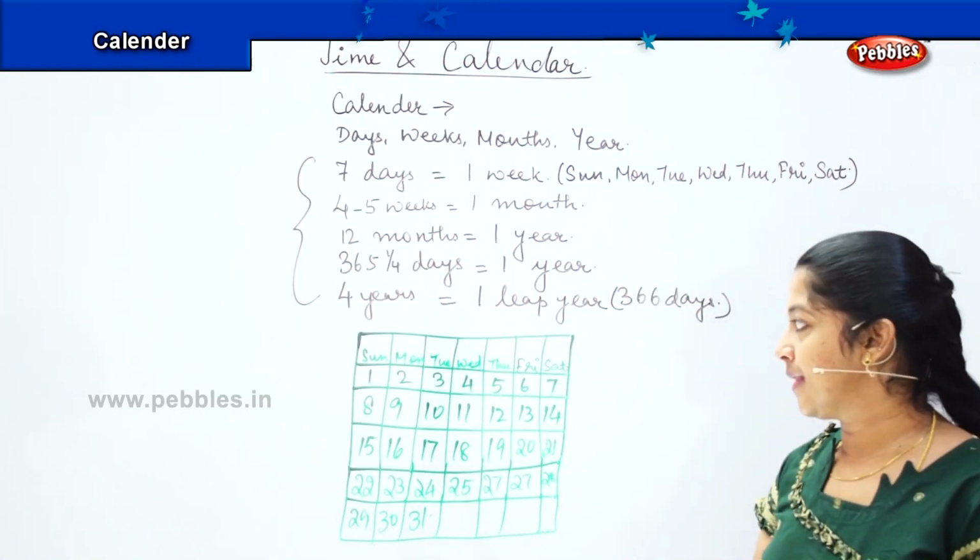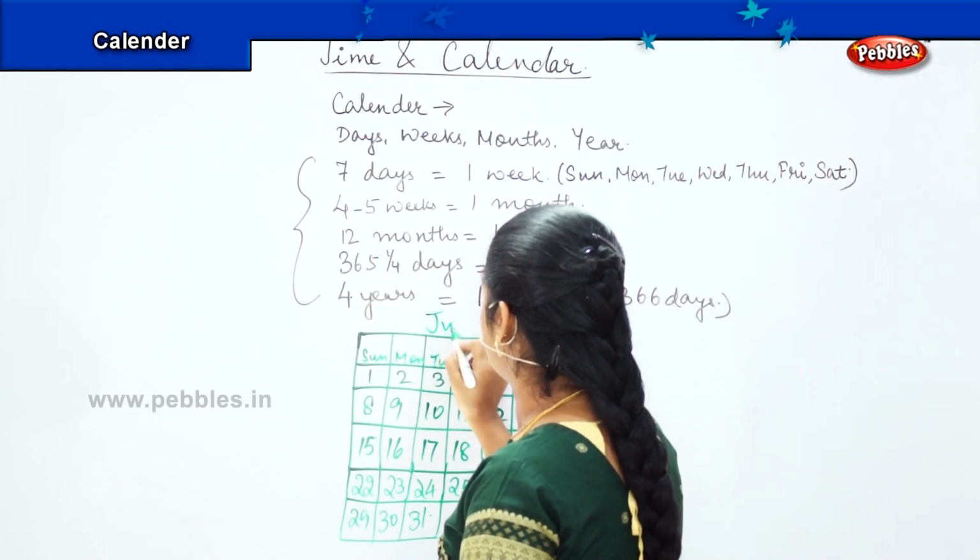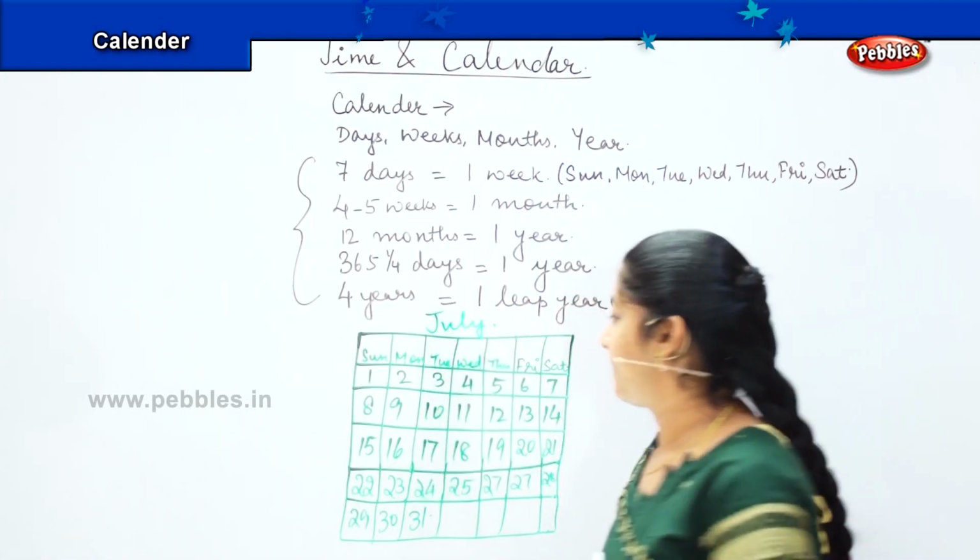Okay, so which month is it? It is the month of July, right? Say for example, I write it in the month of July.